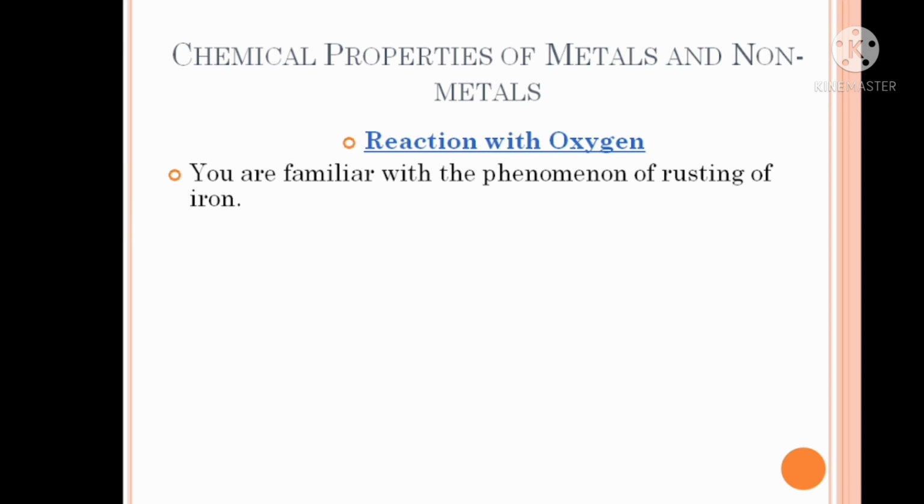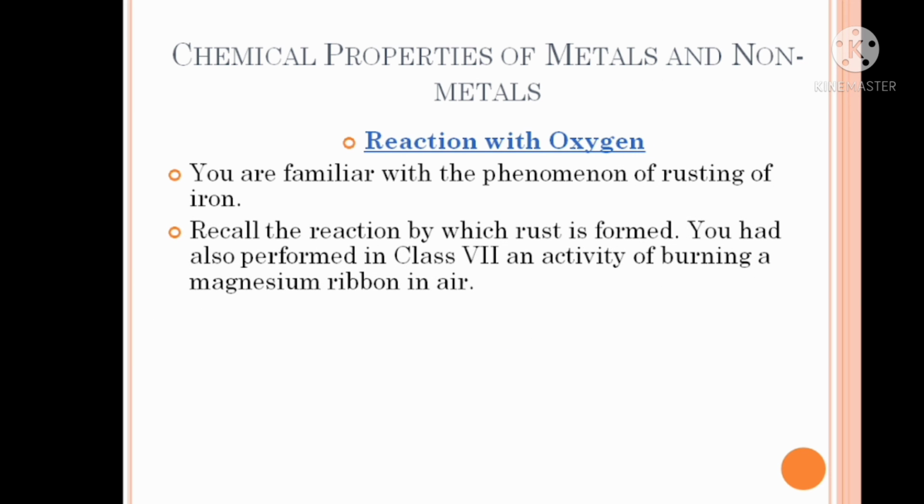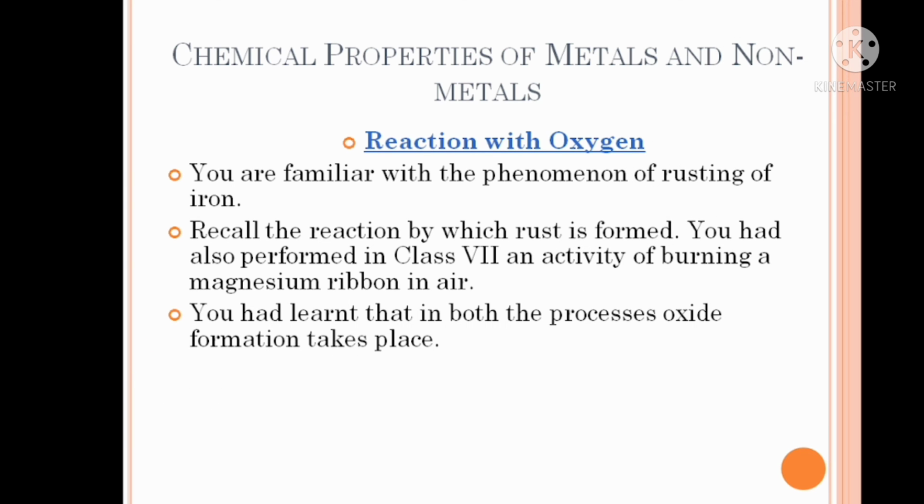You are familiar with the phenomenon of rusting of iron, which I have already told you. Recall the reaction by which rust is formed; you also performed it in class 7, I think. There was an activity of burning a magnesium ribbon in the air. If you did this practical, you might have seen that the magnesium ribbon in air gives a different color and form.